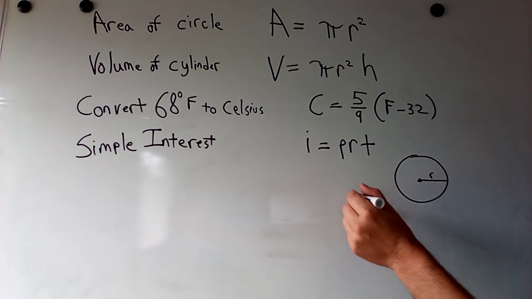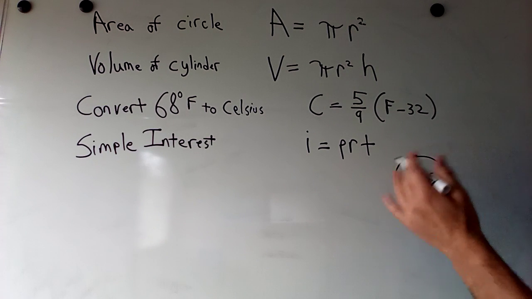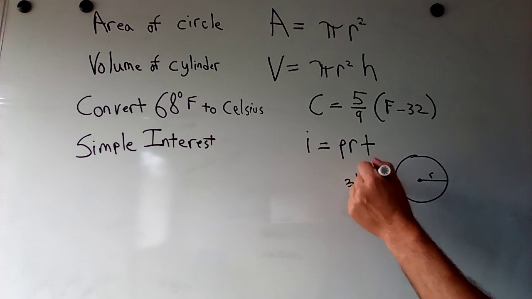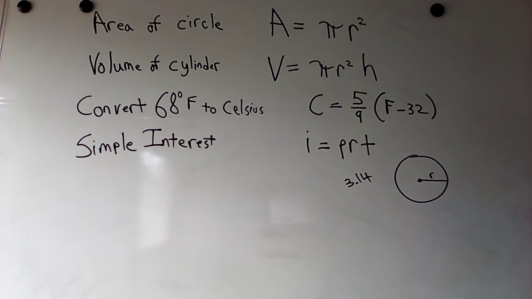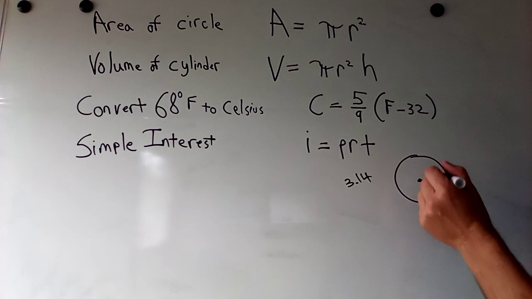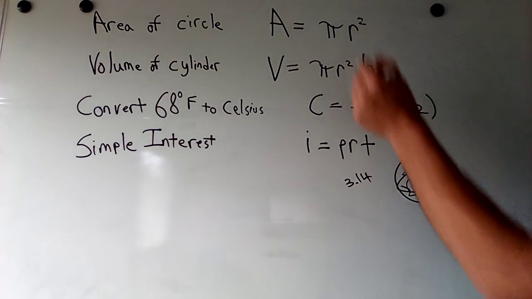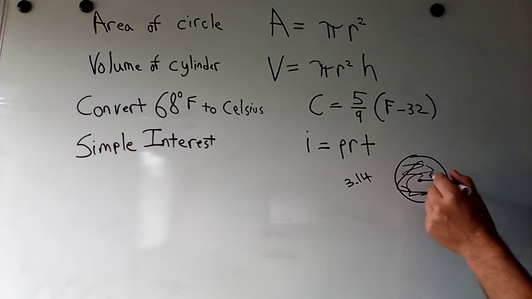Pi, hopefully you remember, is a very long irrational number, but we use pi as 3.14. We abbreviate it, and that's sufficient for pi for our purposes right now. So to find the area inside this circle, you would take pi and multiply by the radius squared.